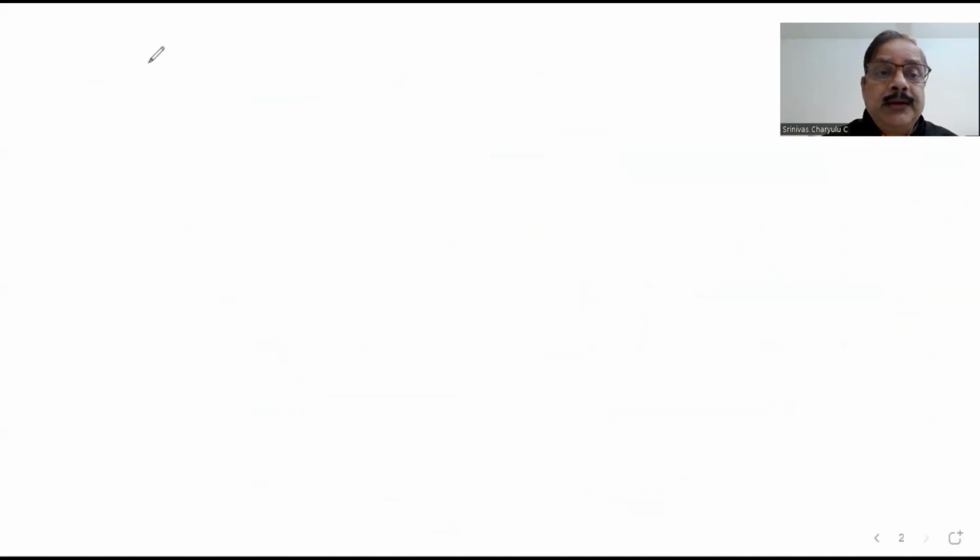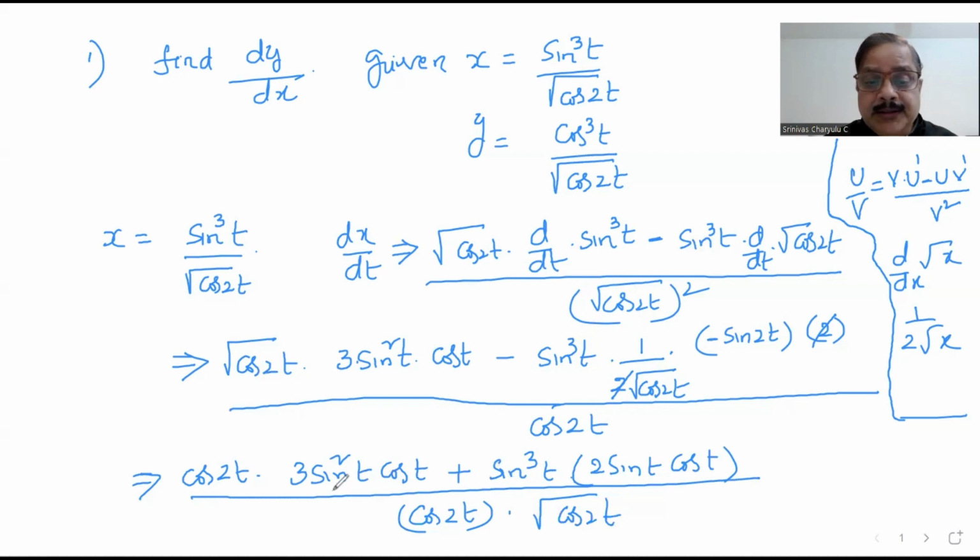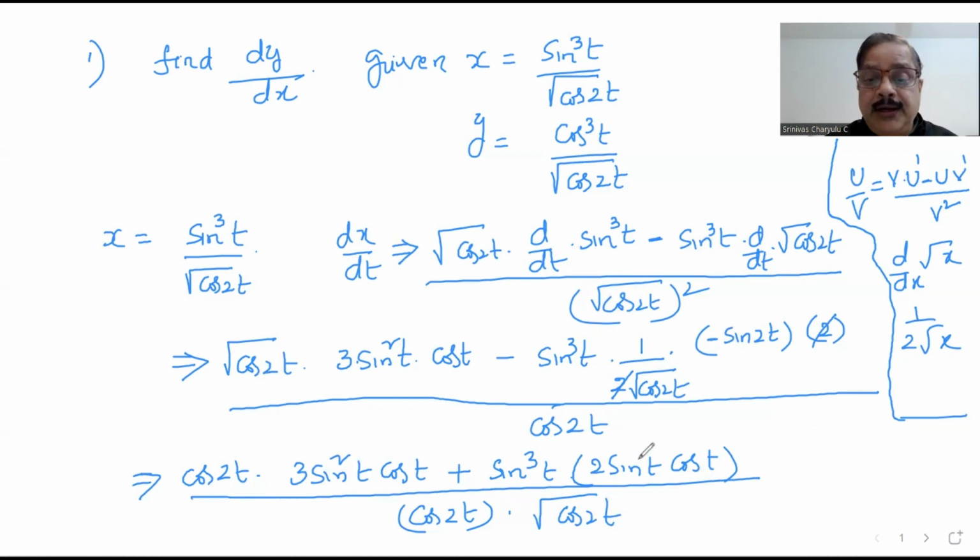So we are having here sin square t cos t common. Go to the previous page again and check up. Sin square t cos t common. 3 cos 2t. First we'll go that. 3 cos 2t plus. What is other end now? Other side you are having 2 sin t cos t. That is total sin fourth t will come.